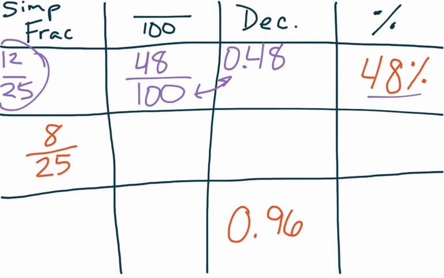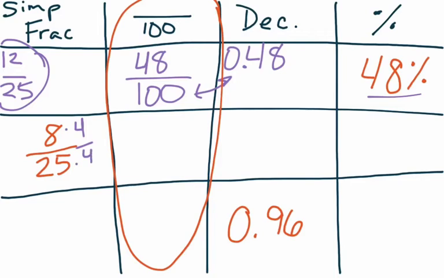Let's try the next one. This time we're starting with the simplified fraction. I still like to try to get to this over 100 first. I find it's very helpful if you can find that right away. So I'm going to take this fraction, I'm going to multiply it by 4/4, because 25 times 4 makes 100, which is my goal. 8 times 4 makes 32.